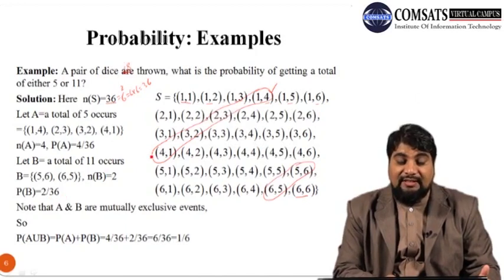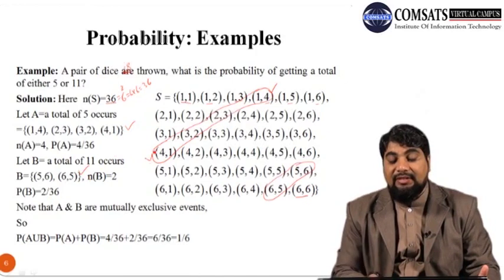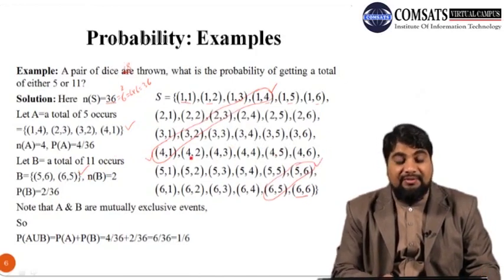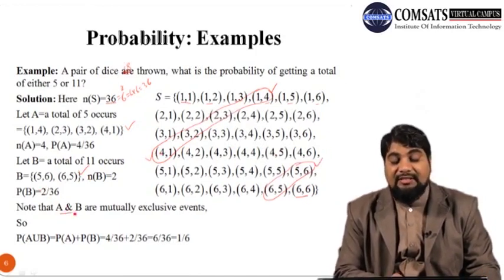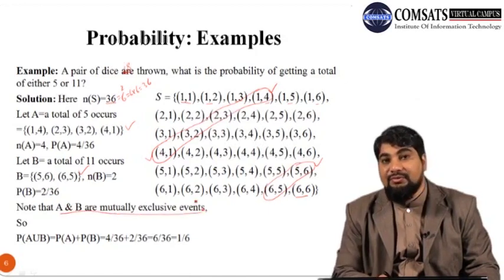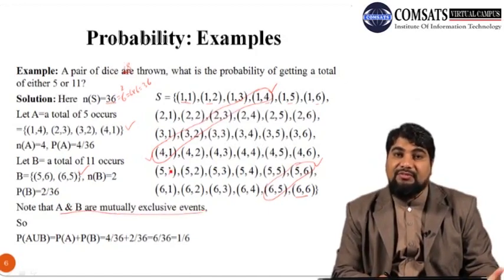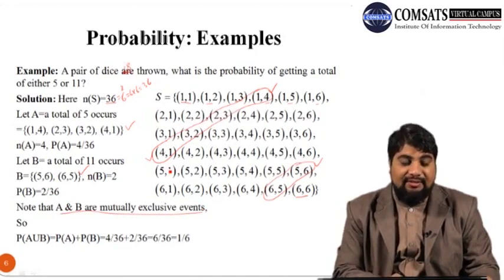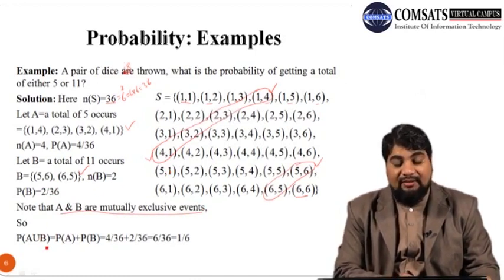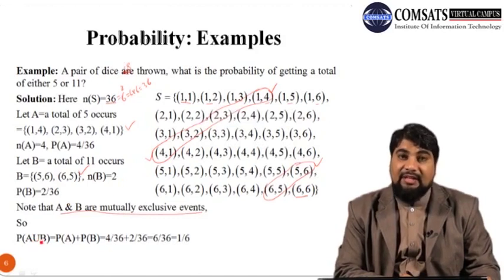Note that there is nothing common in A and B, so A and B in this case are mutually exclusive. Mutually exclusive means their intersection is an empty set. So the probability of A or B is the same as the probability of A union B.